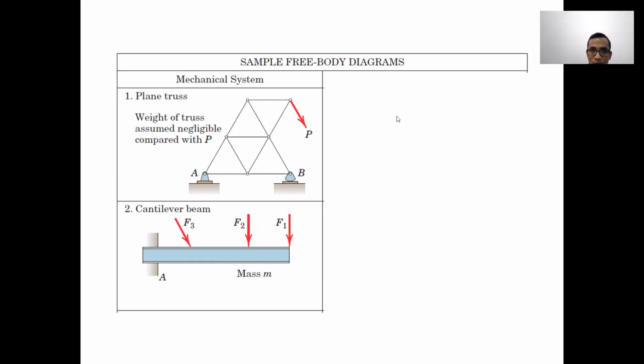Aurelia again, because just now you were asking me about the pin and roller. Hello, Aurelia. Yes, hello. Please help me to draw the free body diagram of number 1. Remember, we only draw the external force and reaction force, or gravitational force.